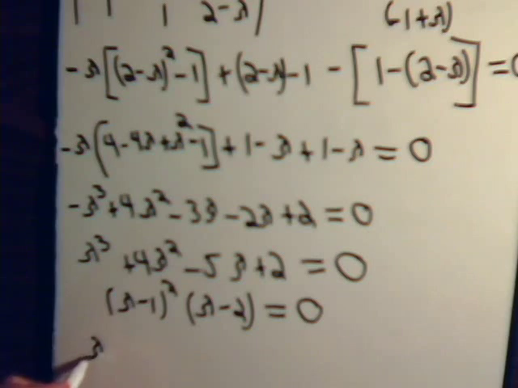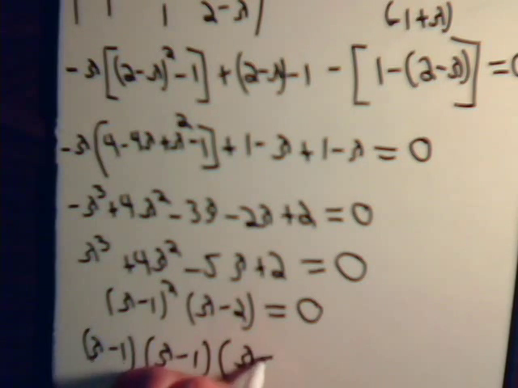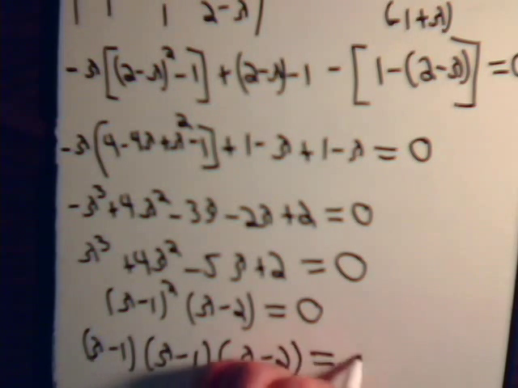So we have (lambda minus 1) times (lambda minus 1) times (lambda minus 2) equals 0. So we have 3 lambdas, with a repeated value. We have lambda equals 1, lambda equals 1, and lambda equals 2.